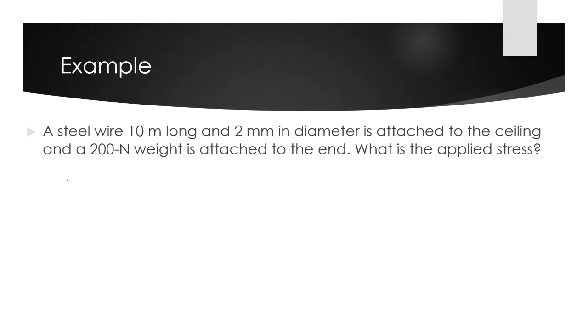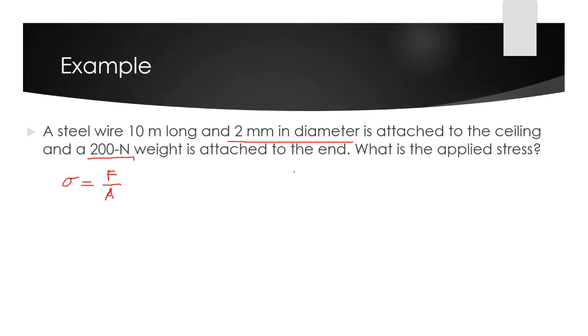So from the formula of the stress, we have stress is equal to F over A or P over A. So from here, the applicable force is 200 Newton, and our steel wire is 10-meter long and 2 mm in diameter.